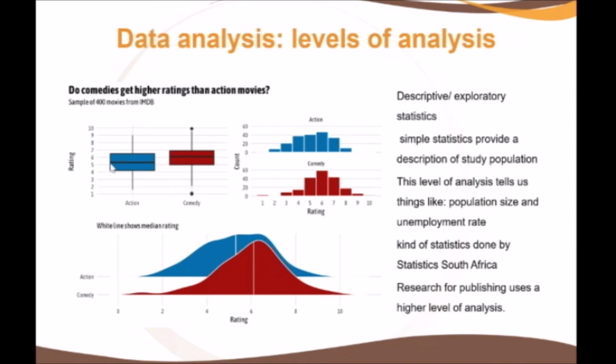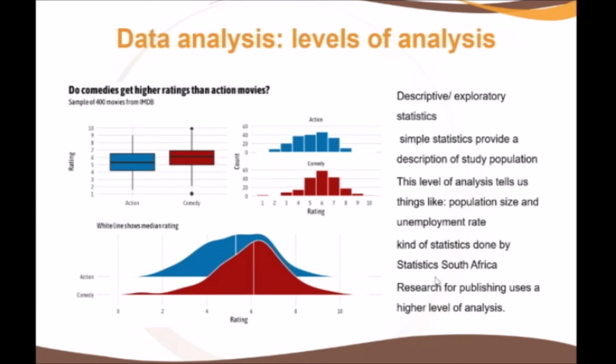It reports the median, the middle number. So when you have box plots for categorical variables like this one, these are two categories: action and comedy. For this one, it is showing the median was here. For this one, the median is here, and then the range, the lowest was here, the highest was here. This one, the lowest was here, the highest is here. And then it shows your interquartile range.